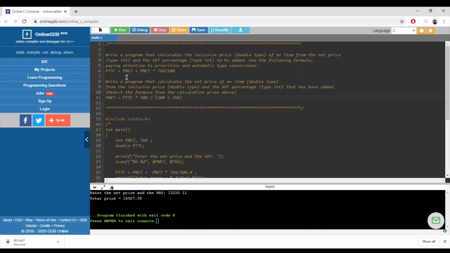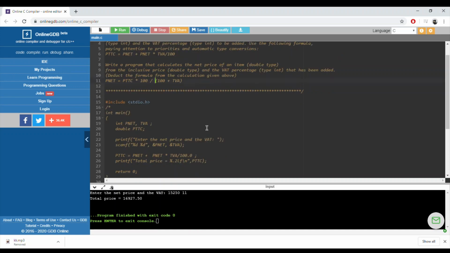So in order to get pnet, since this one is divided by 100, we multiply by 100 and then we will get this formula. So pnet is equal to PPTC times 100 over 100 plus VAT.